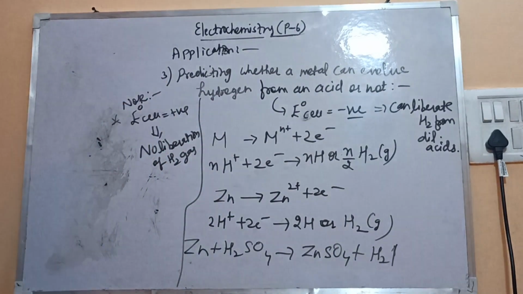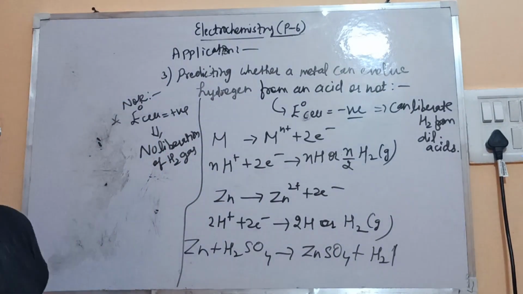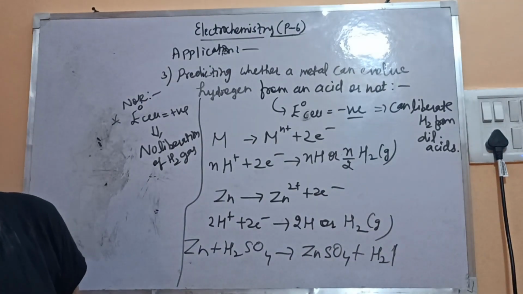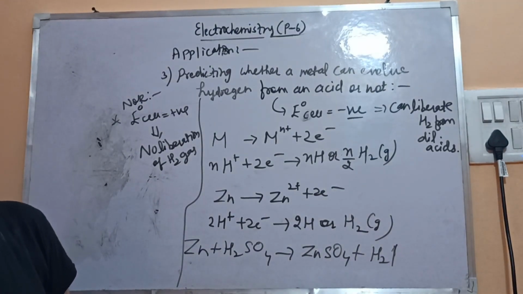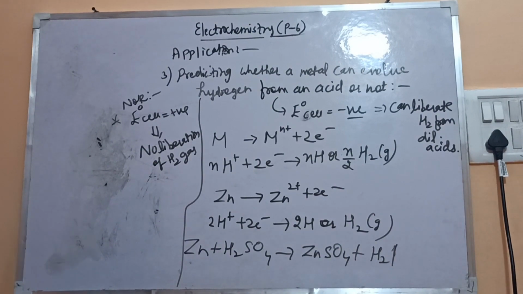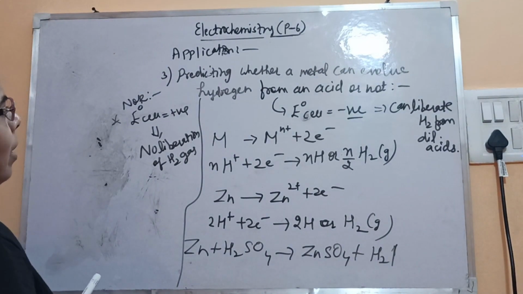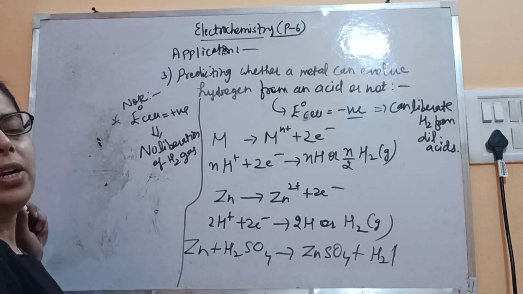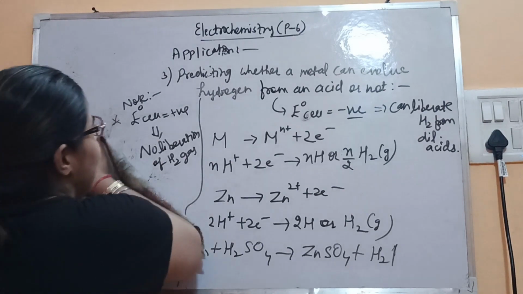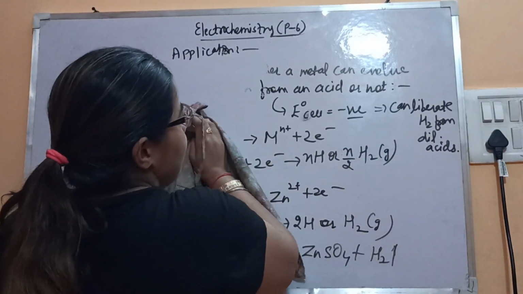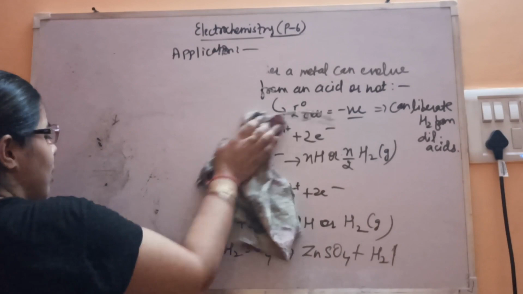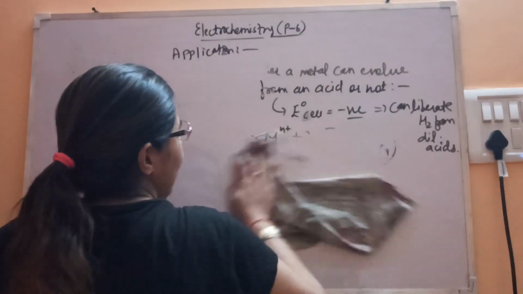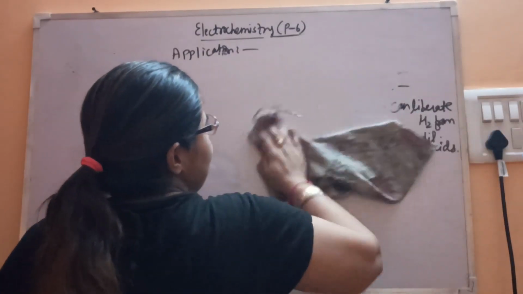Now let's see the next application of this that we have left. Feasibility or spontaneity we have seen, so let's highlight that only. And one that we have already discussed in terms of reducing capacity, reducing tendency or oxidizing tendency, that down the group reducing power is increasing, and bottom to top oxidizing power is increasing.